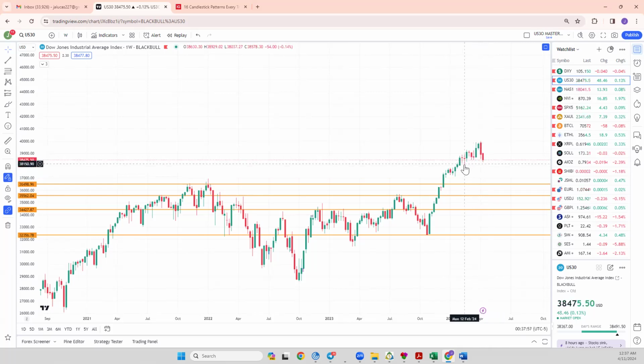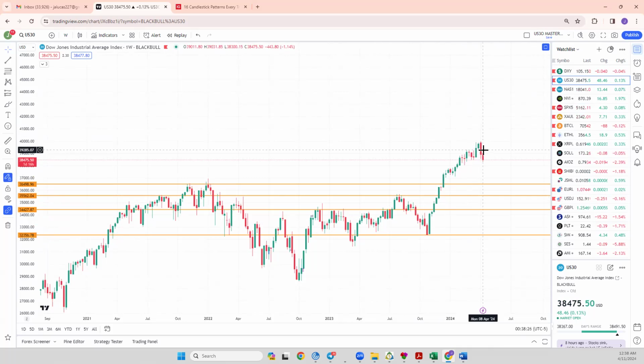If we don't bounce here, then I'm going to have to assume we start testing this level, and eventually this level, right? Can that happen? Yes. Is it likely? Maybe, right? Because this uptrend right here has been very strong. But this also tells me that price is about due for a correction at the same time.